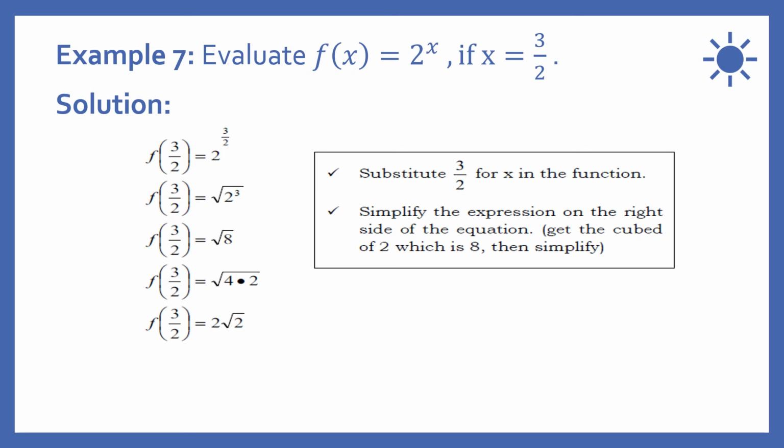Kapag ang exponent natin ay fraction, pwede natin itong i-convert into a radical number. No? Yung numerator natin, yun yung magiging exponent ng ating base at yung denominator, siya yung index ng ating radical sign. So, since ang numerator natin ay 3, siya yung magiging exponent ng base, kaya naging 2 cube siya or 2 raised to 3.